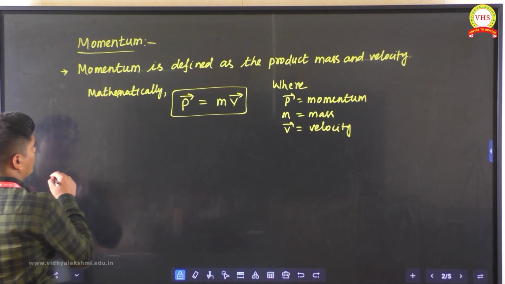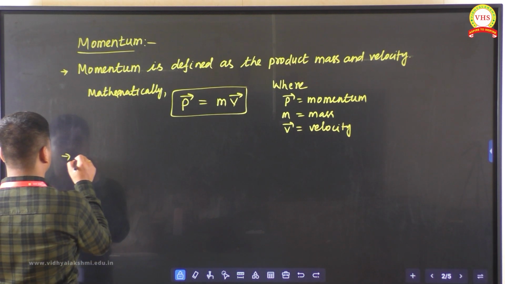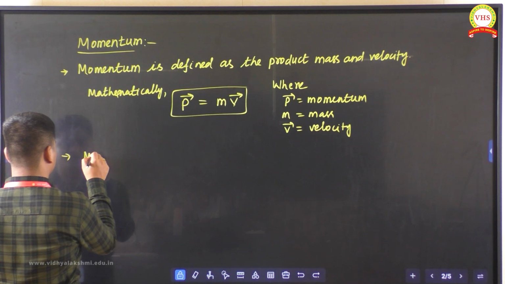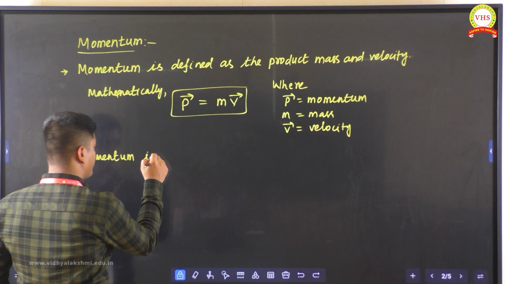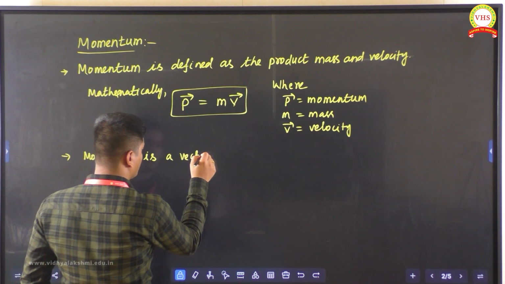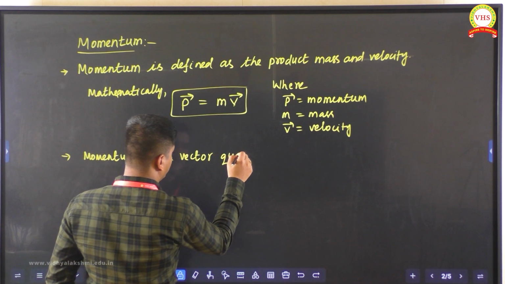So that is some normal idea of what you know about momentum. Now, momentum is a vector quantity.